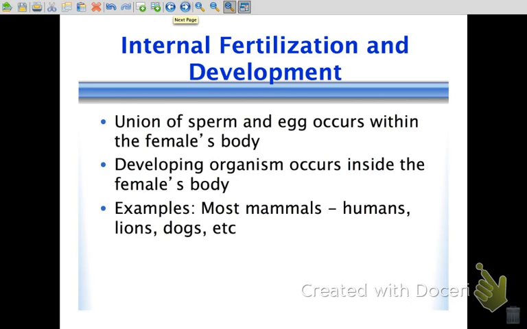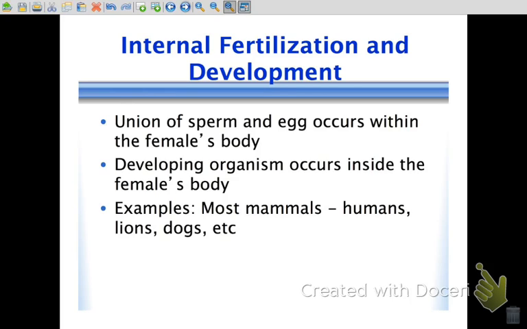So internal fertilization and internal development, it's exactly how it sounds. The union or the fertilization of the egg occurs inside the female's body. And the development also occurs inside the female's body. There are 2 main advantages to this.